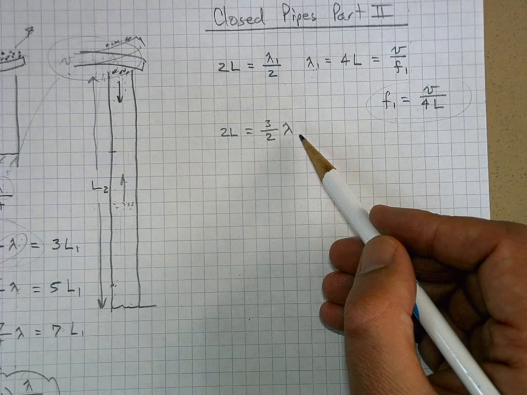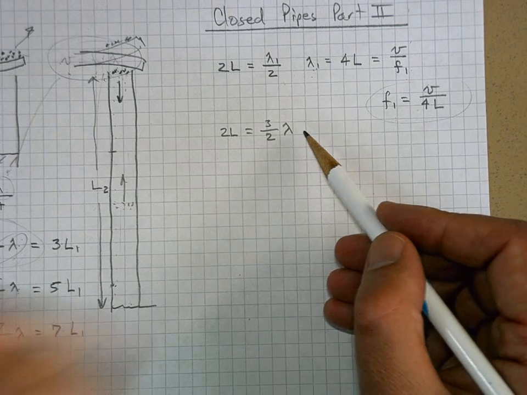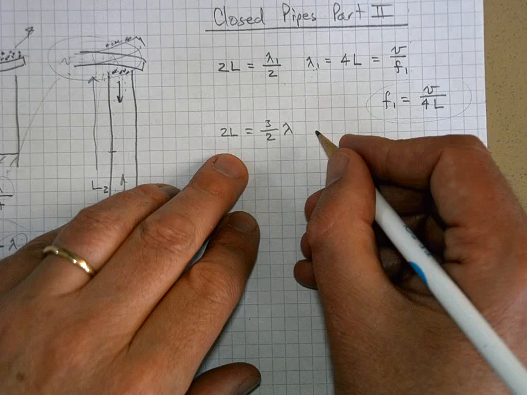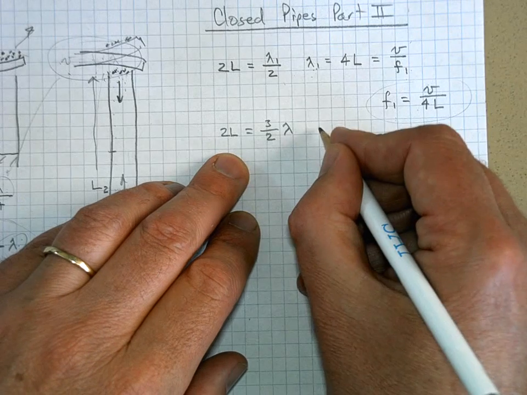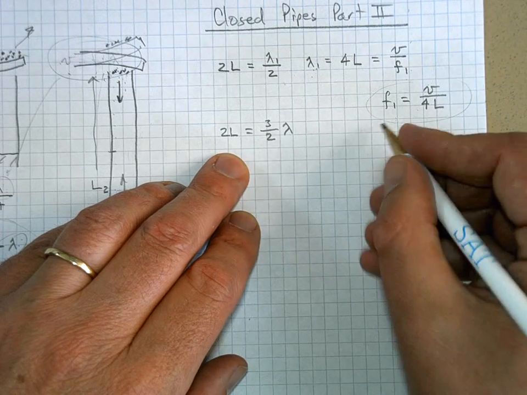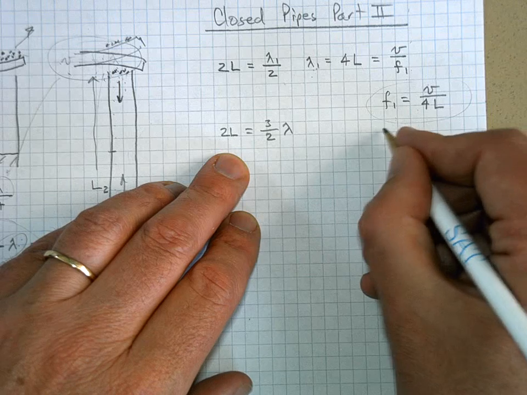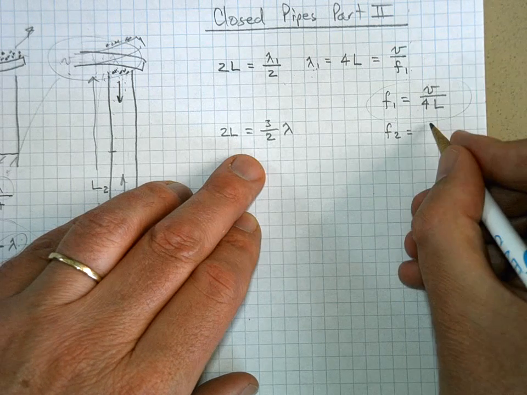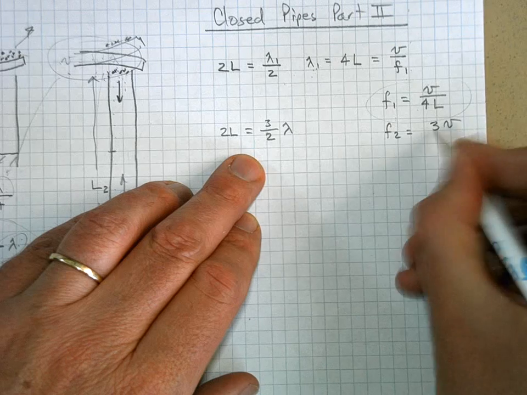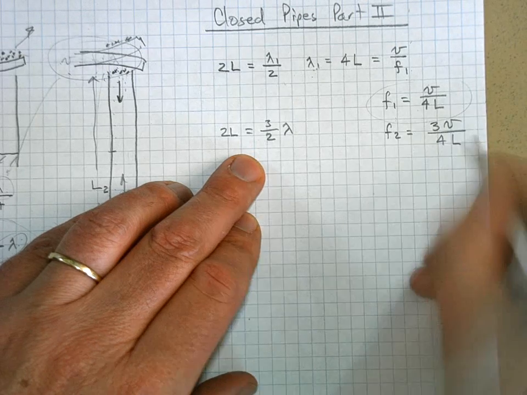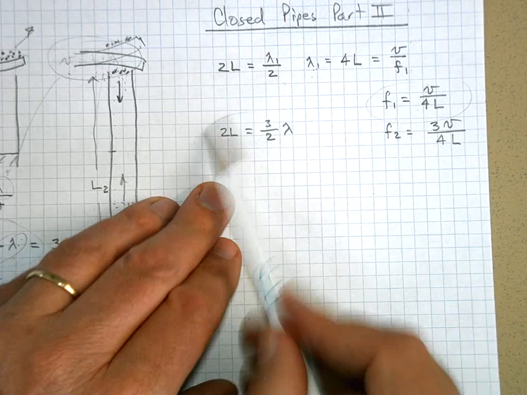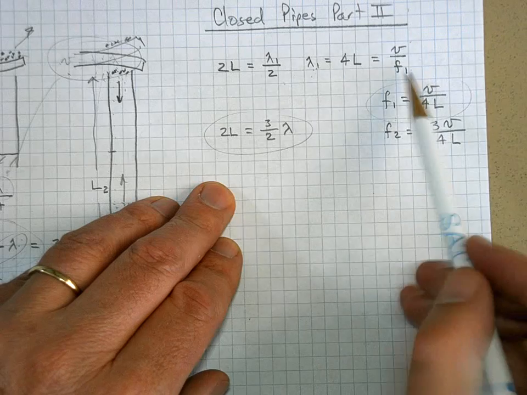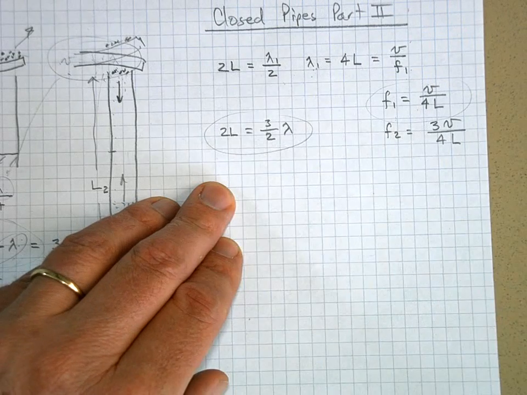If I go through the same analysis here, if I solve this for the wavelength and then the frequency, you will see that F2 is equal to 3V over 4L. So just take this, make the substitution like I did before, and you'll get this.